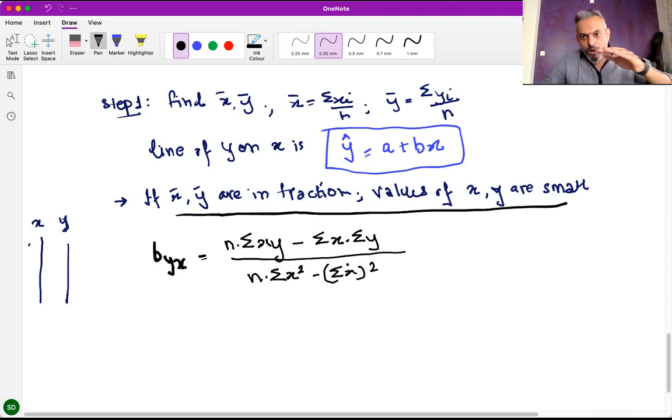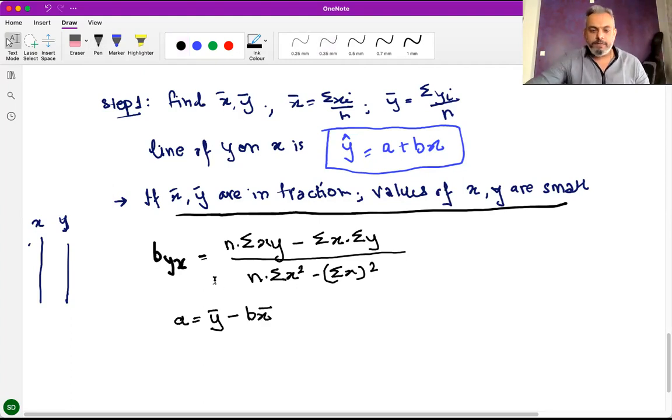It is y on x. Now, no under root is required over here. a is equal to what? Formula remains the same: y bar minus b x bar. So please write this formula.